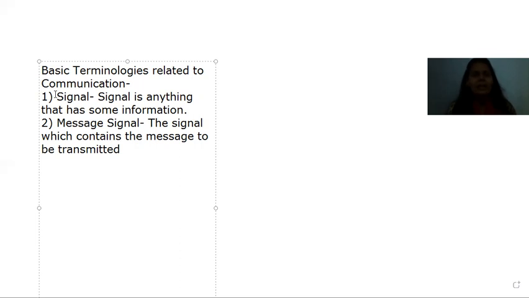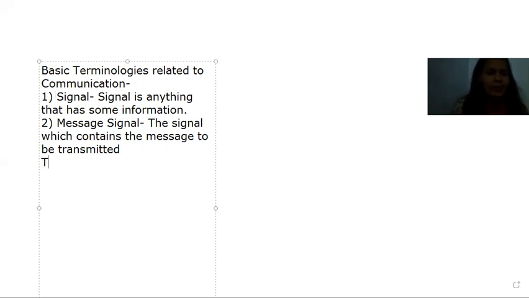After that, the transmitter transmits that electrical signal through the channel. So every message signal will first be converted into an electrical signal.